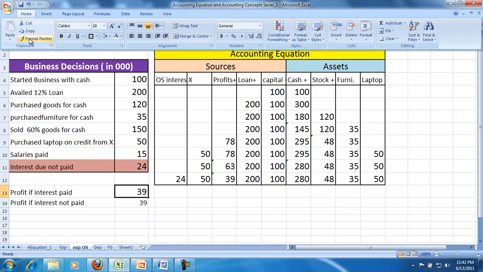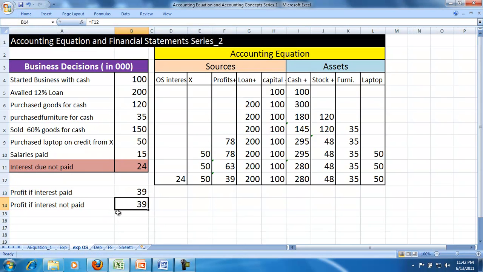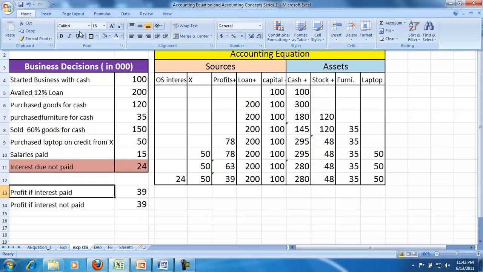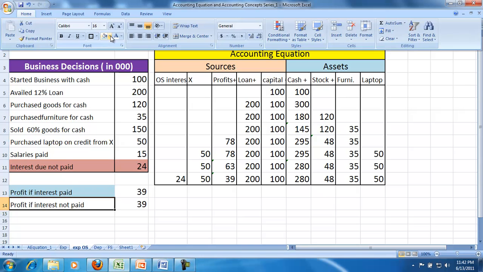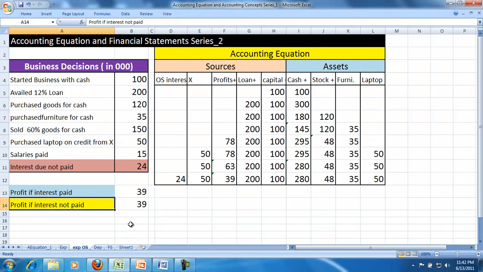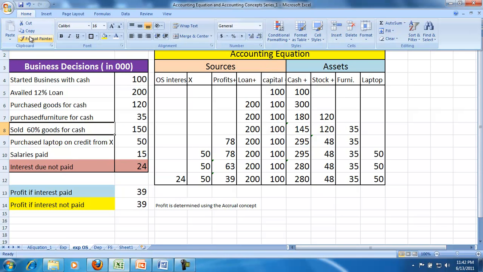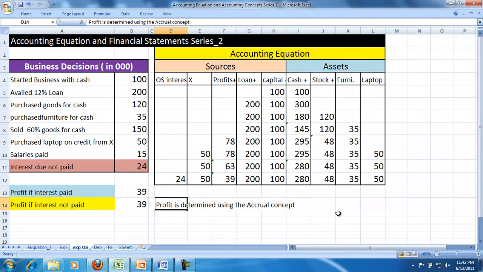That the determination of profit, or the amount of profit, is not dependent on whether I pay this interest or not. In other words, profit is determined using the accrual concept, which says you are bound to record the transaction independent of whether you pay or not.